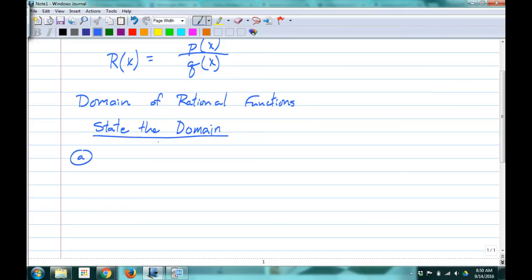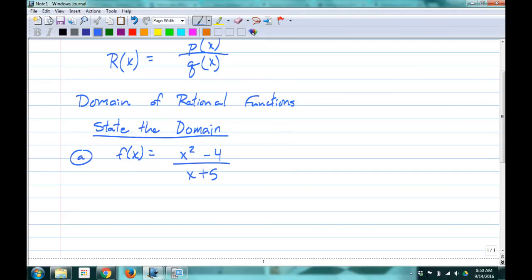We had a fairly simple function, maybe x squared minus 4 over x plus 5. So this is a lot like one that we've done in chapter 3.